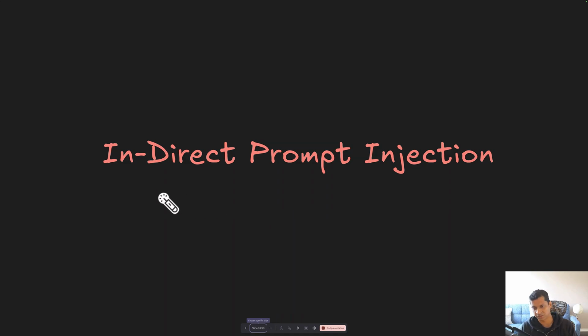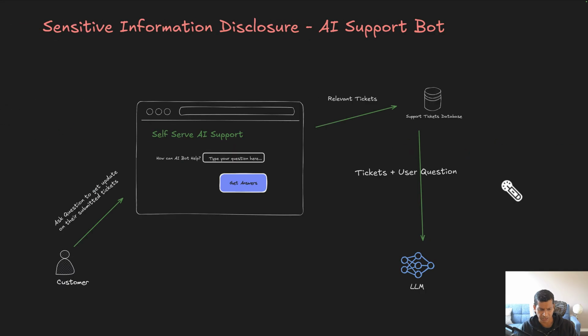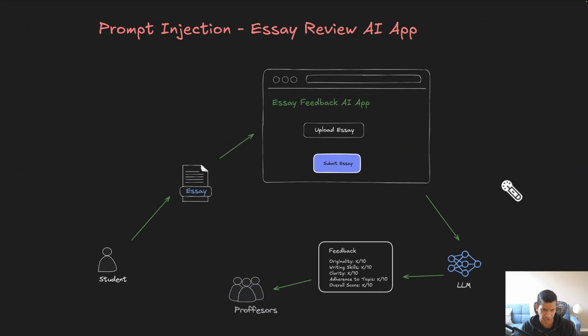All right, let's dive into indirect prompt injection. Before we look at the exploit and the vulnerability, and understand this better with an example, let's look at prompt injection to make sure our understanding is right, and we will see how indirect prompt injection is a bit different.